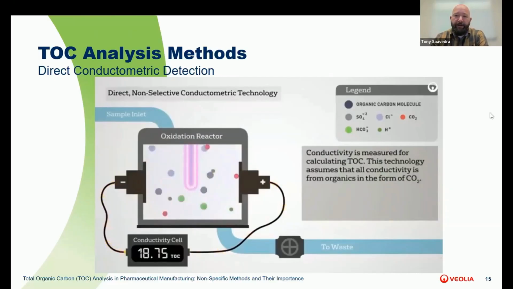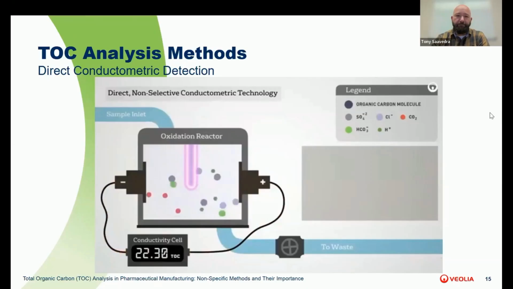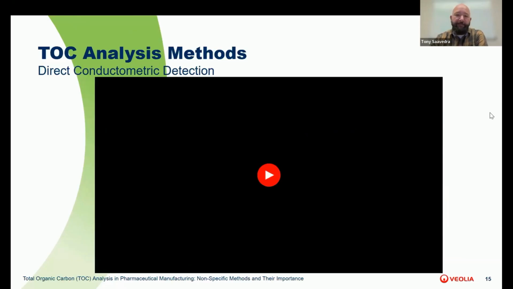Then the sample is oxidized, only with the UV lamp, no reagents are added, and a final conductivity measurement is taken, and the amount of TOC is calculated based on the conductivity difference. So let's move to the next slide to see the advantages and limitations of this method.